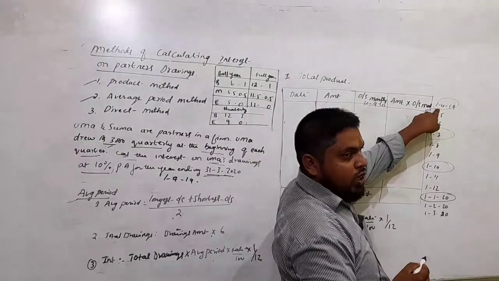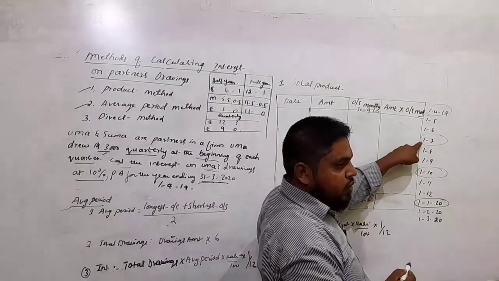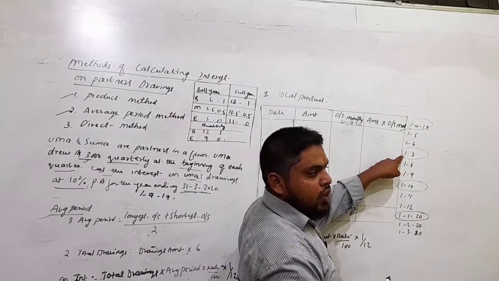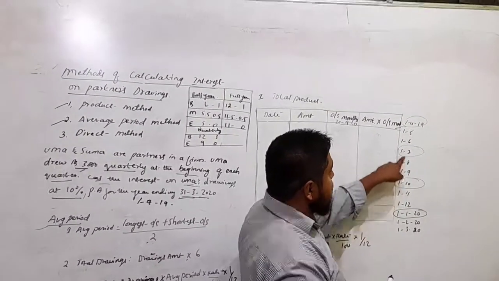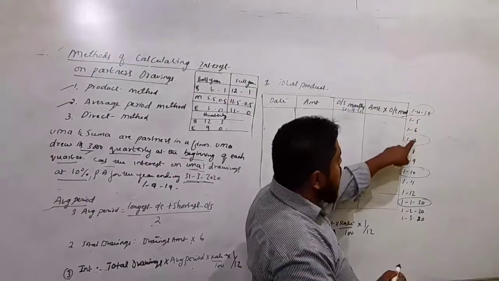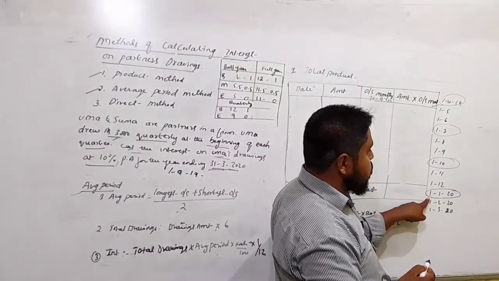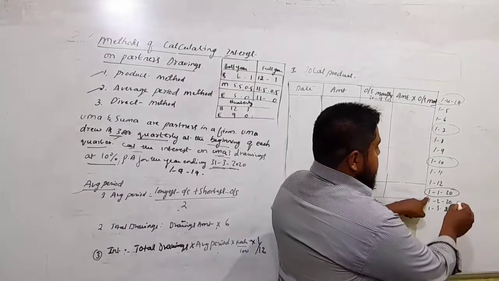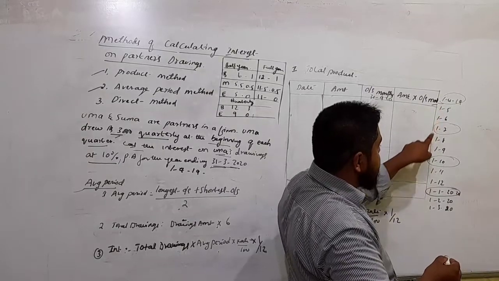So this is the first quarter. Again, the second quarter is 1/7, next 1/10, next 1/1/2020. So this is the beginning of each quarter. So these dates you have to write here.